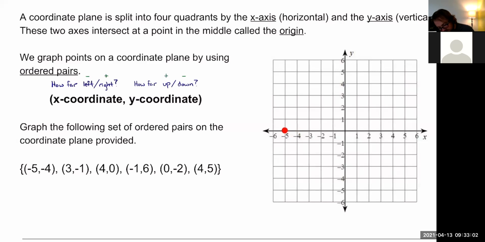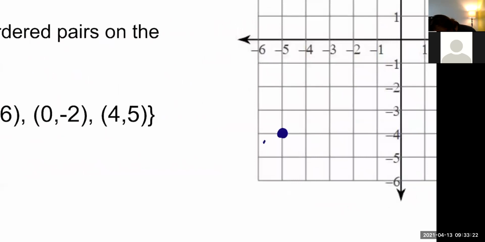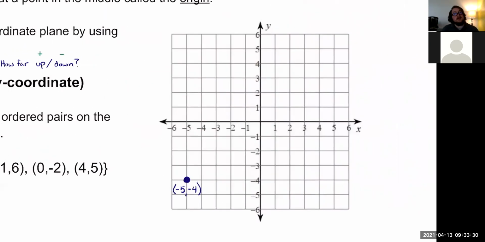And then the -4 is going to tell me to do what? Go down 4 units. 1, 2, 3, 4. And where that lands me is this location right here on my coordinate plane. So in case you can't see it, I'll zoom in here. This is describing a very precise location by using the coordinates -5, -4.